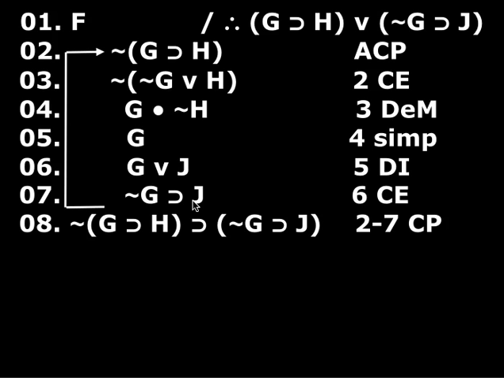Okay, now notice, the proof is not over. Some of you guys get this, which is fine. If you get it, don't worry about what I'm about to say. But some people don't see this right away. So I want to talk through. Some people might say, well, look, hey, Rick, it's conditional proof. Why aren't you assuming this? Why are you assuming the negation? Well, this isn't a conditional.